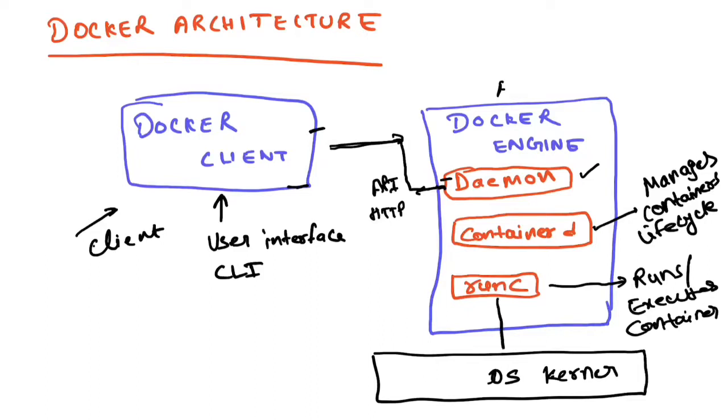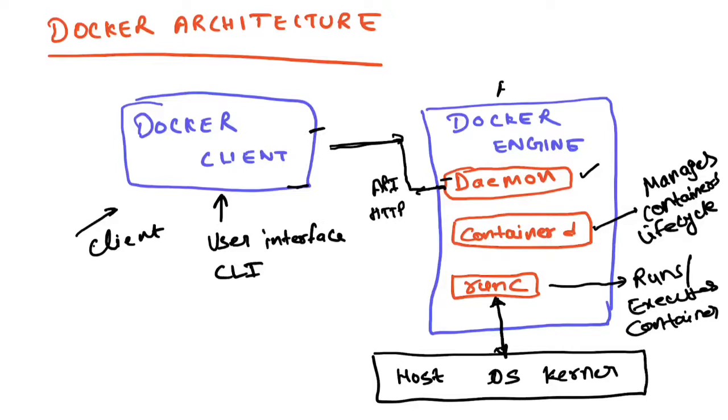So runc is the main component which talks to your underlying host operating system kernel to execute or run your image, whatever image you want to use to create a container. Whatever instructions have been written in that image, runc runs and executes them inside the container by creating a container.